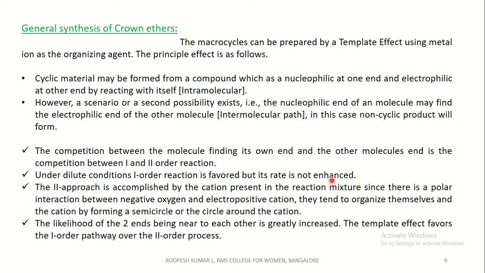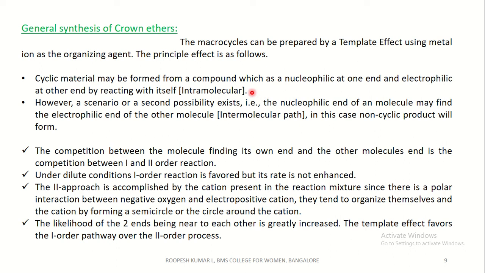Coming to the general synthesis of crown ethers, the macrocycles can be prepared by a template effect, using a metal ion as the organizing agent. The principle is as follows. Cyclic material may be formed from a compound which has a nucleophilic end and an electrophilic end by reacting with itself, that is, an intramolecular reaction.